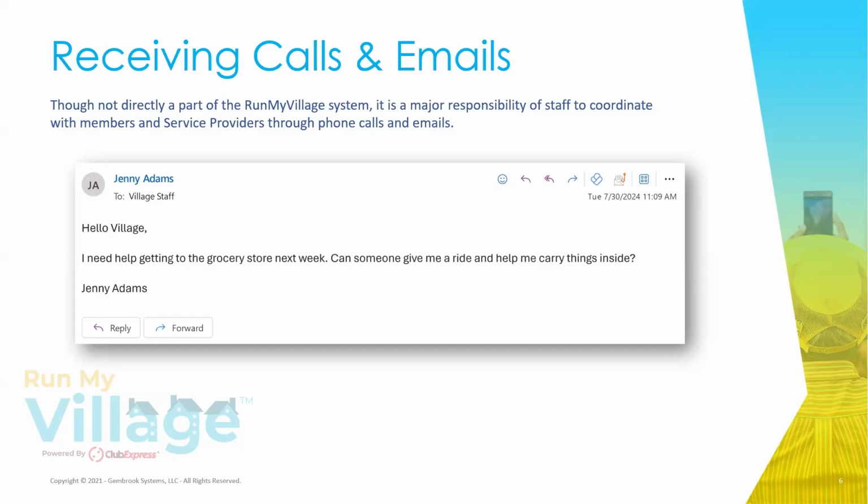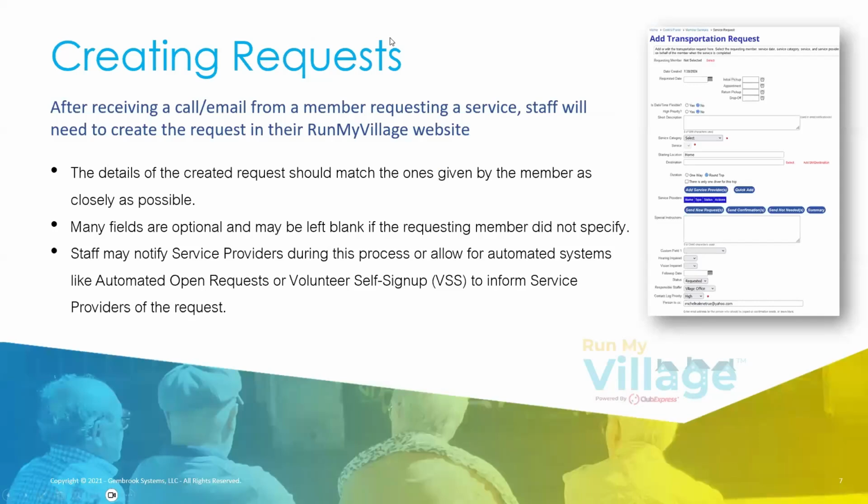And the primary role of most village staffers is to take this information that is either emailed or called into the village and turn it into a service request. So we would take information like this and turn it into a new request. In this example, our member emailed asking for transportation to the grocery store and help getting those groceries in.